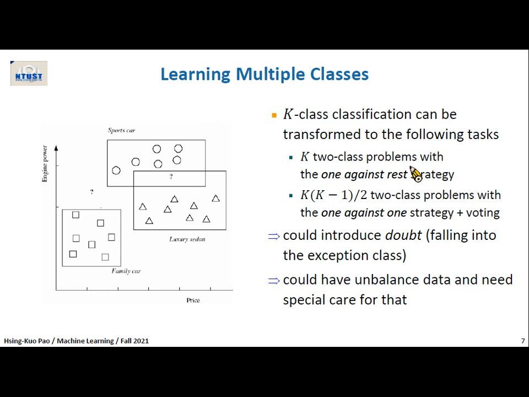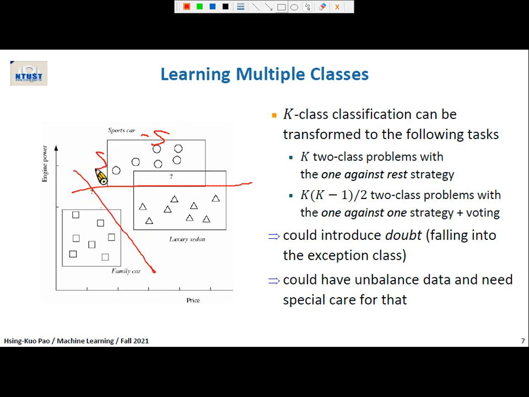So if it's a sports car, we are going to say, first of all, between these two it's S. Between sports car and family car, we also say S. Then we got 2 votes.